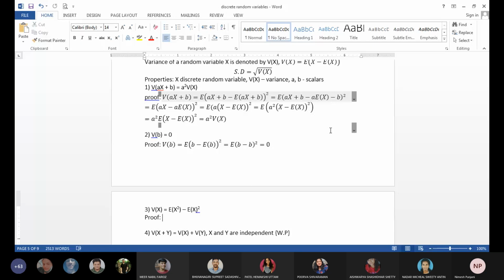Remember this, it is very important with respect to the properties, because you will use it later in problem solving. Expected value of a constant is the same constant, variance of the constant is 0.